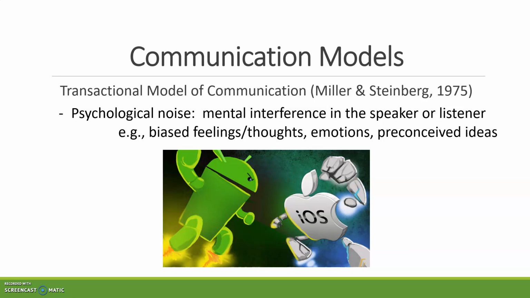And it is very possible that the other brand has a pretty good new product. They are getting way better. But because of this prejudice, because of these preconceived ideas, I just don't want to believe their advertisement. And of course, this will interfere with my accurate interpretation or reception of the message.